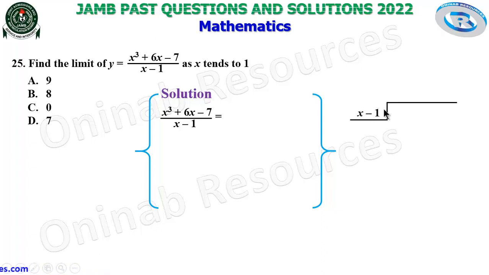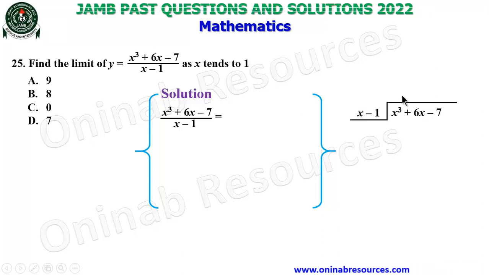Here is x minus 1, then the numerator is x cubed plus 6x minus 7. When we do long division, our concentration is always on the first term. So x cubed divided by x will give us x squared. We then use this x squared to multiply the divisor. Remember, in the process of division, we don't have business with the second number.